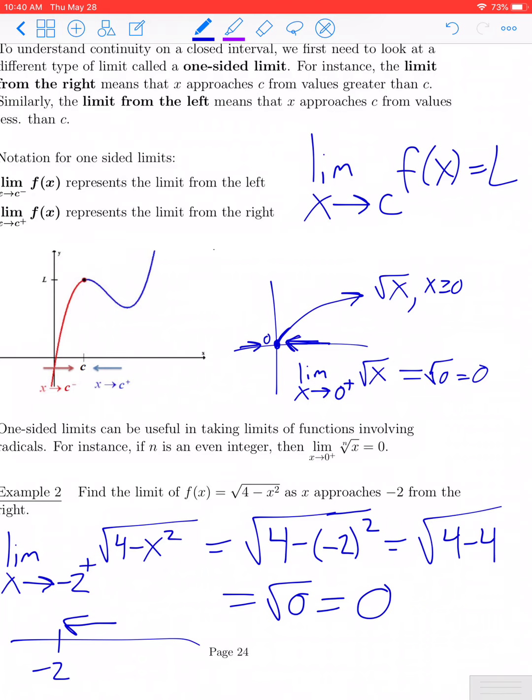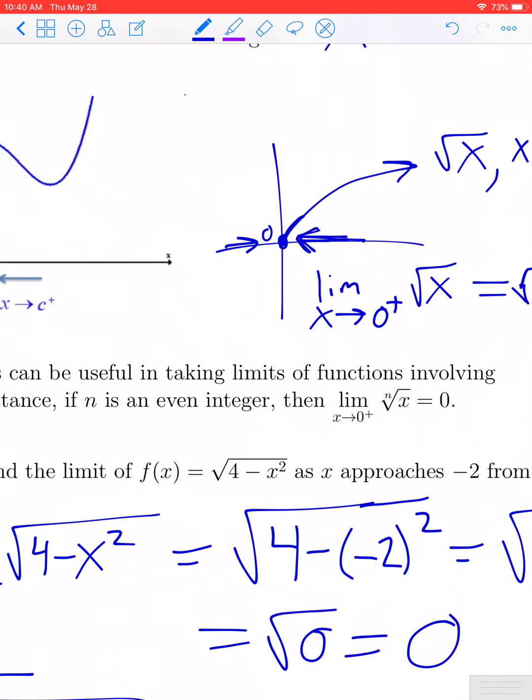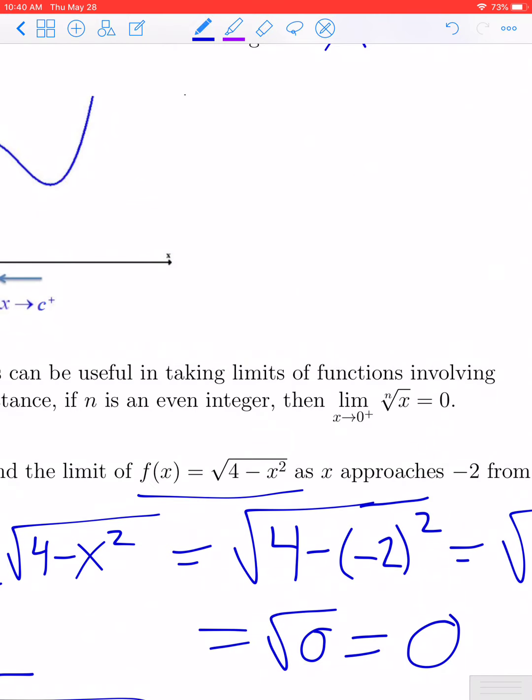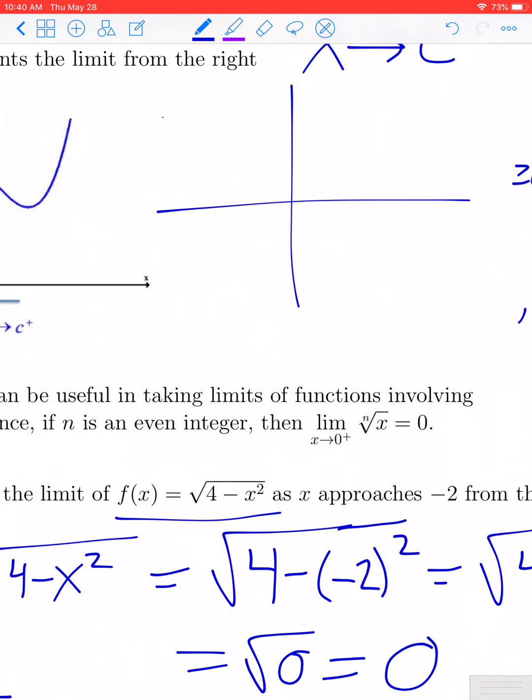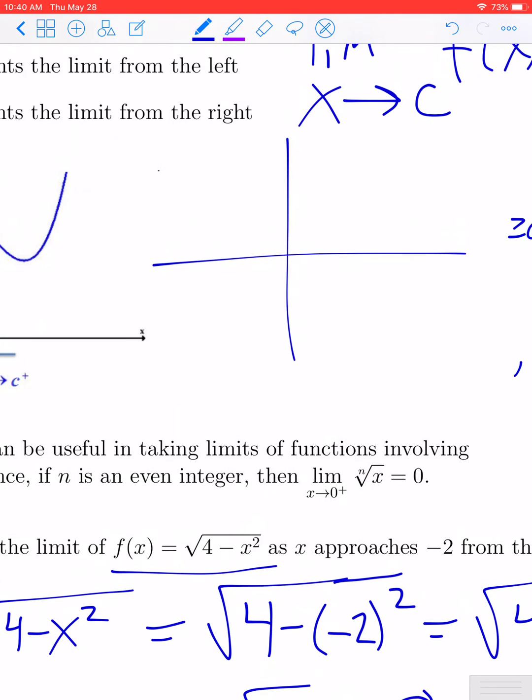It's fair to ask, and somebody might want to know this, why did we look at a right-hand limit as we approach negative 2 for this particular function, f of x? The reason is that that's part of the domain of this function. If you looked at the graph of f of x equals the square root of 4 minus x squared, what we would actually see would be a semicircle centered at the origin of radius 2.